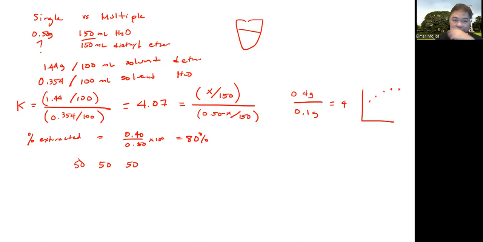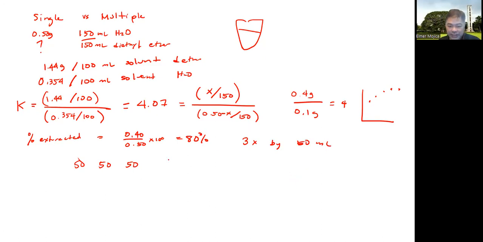Let's use the same problem that we have here. We have 0.5 gram in 150 ml water, and we're going to do some extraction. But instead of 150 ml, we're going to extract it 3 times by 50 ml.